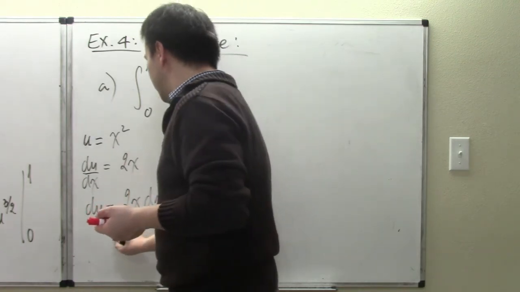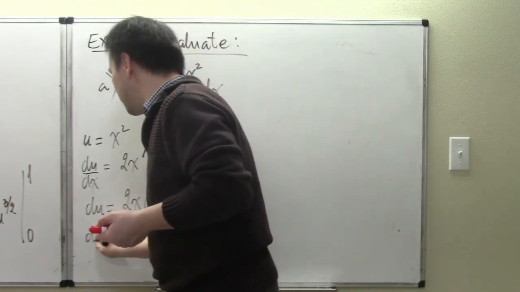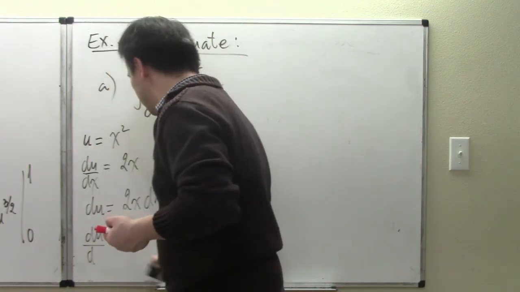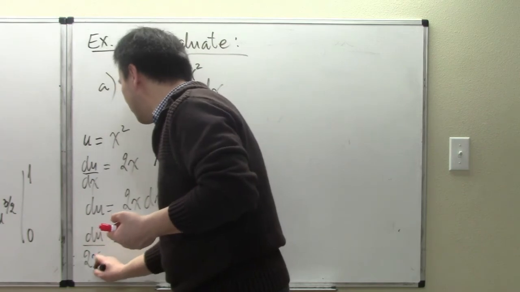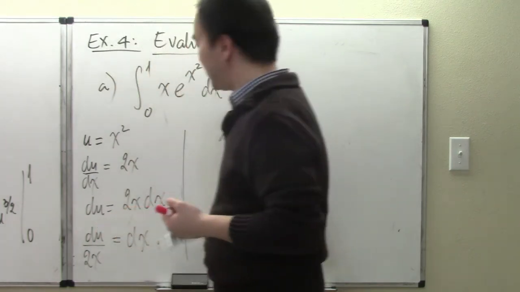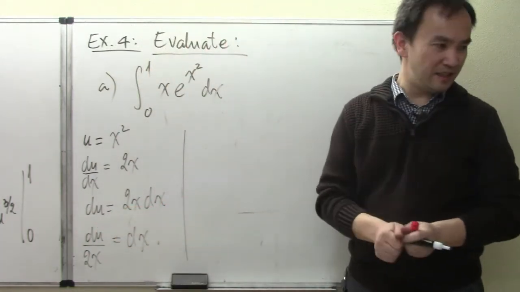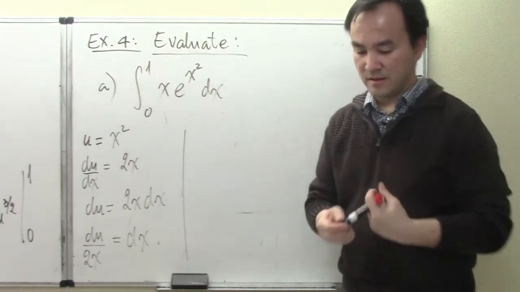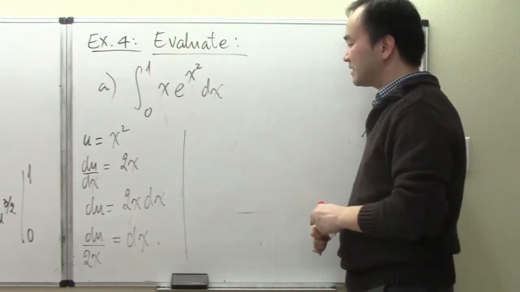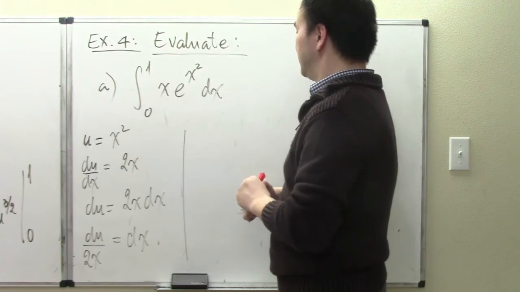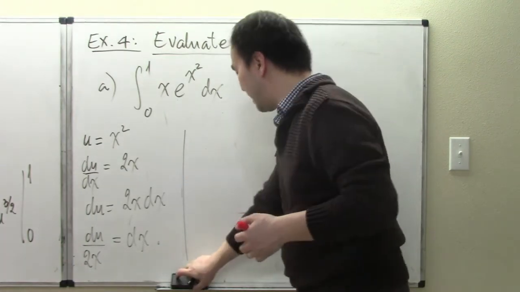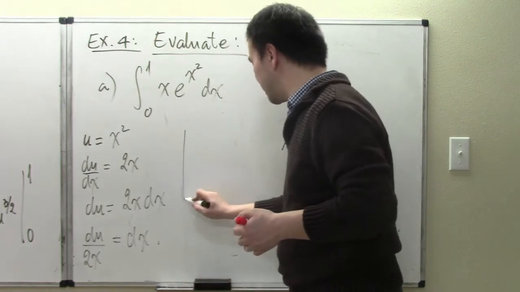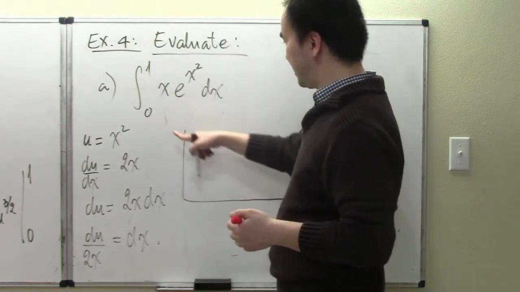Okay, and so now that means du over 2x will equal dx. All right. And so now I'm going to still have a little more to go. Just like in the experience I've had earlier, have I substituted everything?